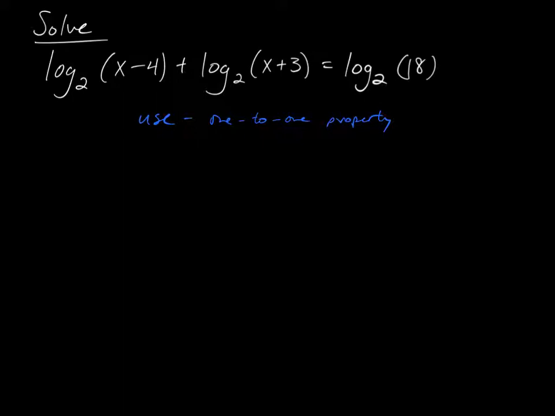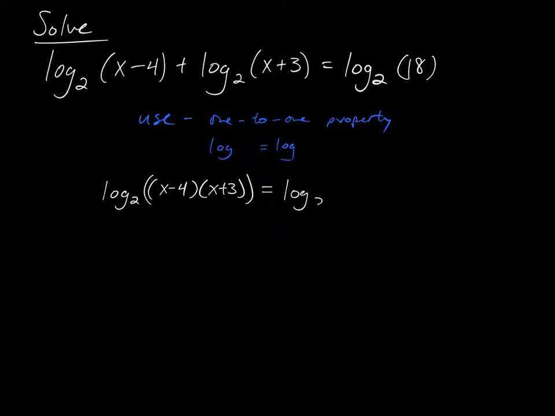Now, how are we going to get to use that one-to-one property? We can only use it if we have a log equaling another log. Right now, we have two logs on this side, so we need to condense them before we can do anything else. If we condense those two logs together, we get log base 2 of (x minus 4) times (x plus 3) equals log base 2 of 18.